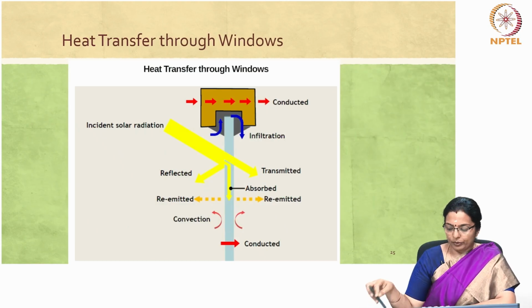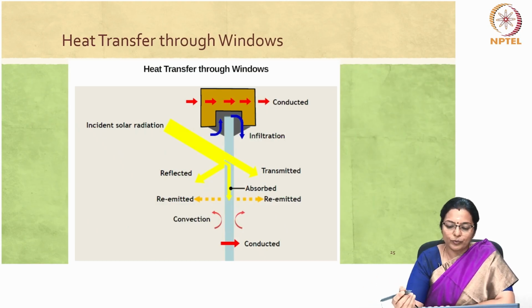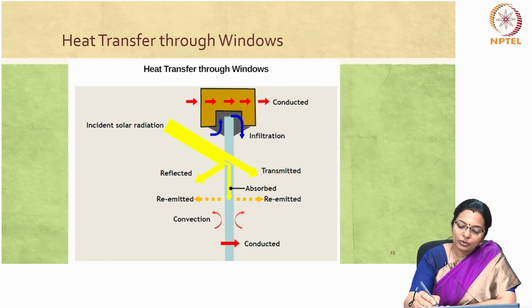Let us briefly look at heat transfer through windows. So, heat transfer through windows happens in this manner. Through the frames of the building, there is conduction of heat.